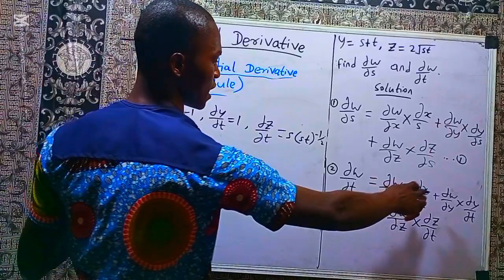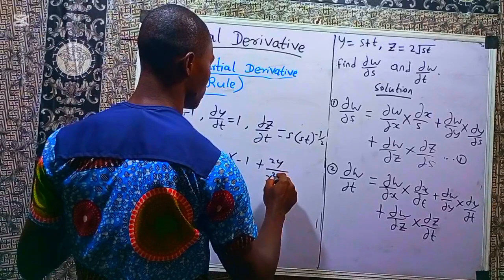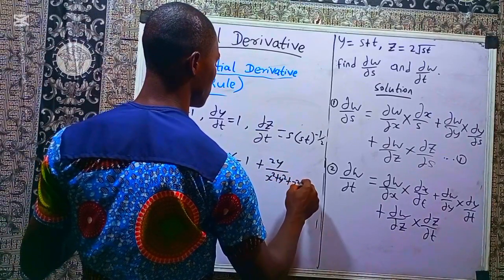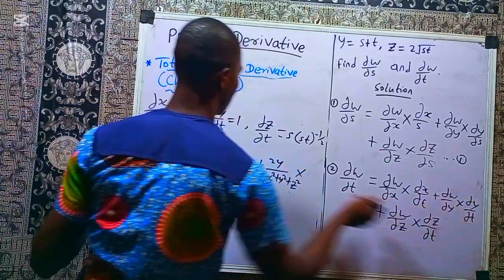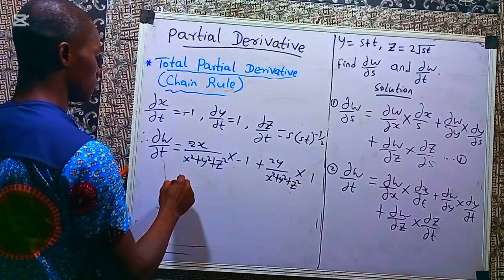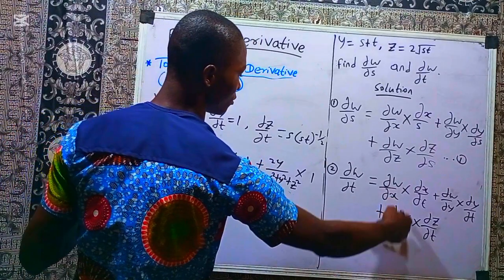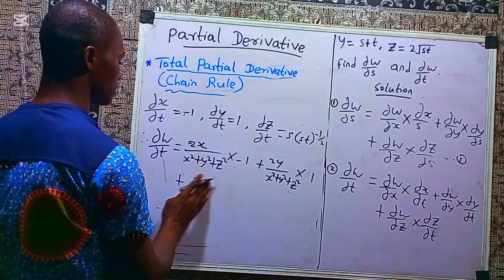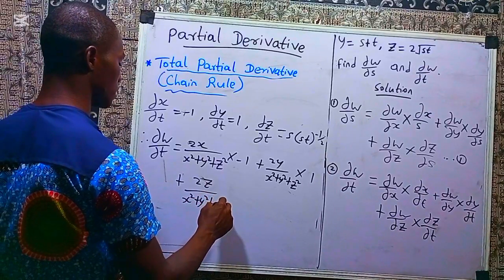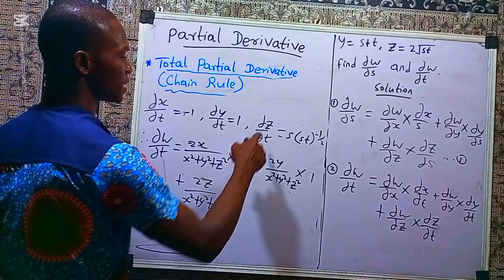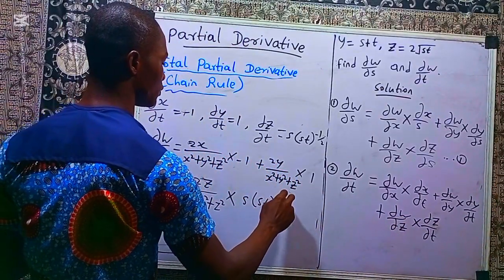Plus partial w partial y, which gave us 2y divided by x squared plus y squared plus z squared, multiplied by partial y partial t, which gave us 1. Plus partial w partial z, which gave us 2z over x squared plus y squared plus z squared, times partial z partial t. Partial z partial t gave us s into (st) raised to the power negative half.